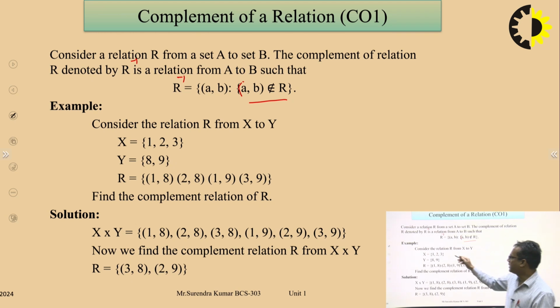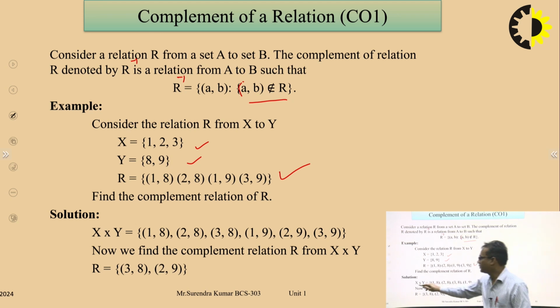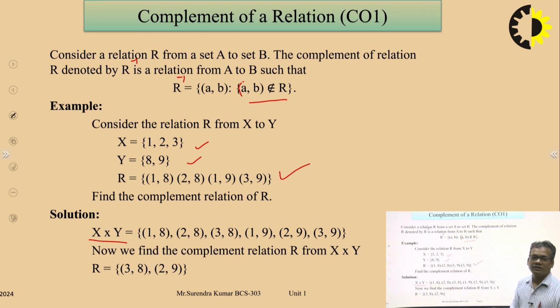So for example, if we have sets X and Y, and here you have a given relation R, and you want to find the complement of this relation, then first of all you have to find X cross Y, the Cartesian product of the given sets, and then filter out those ordered pairs which are already in R. So (1, 8) is already in R, (2, 8) is already in R, (1, 9) is in R, and (3, 9).